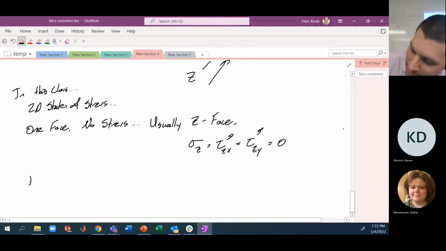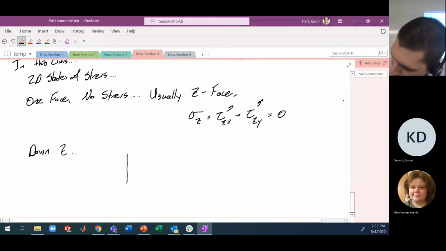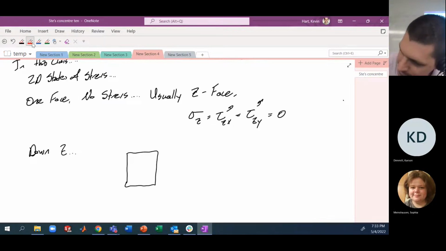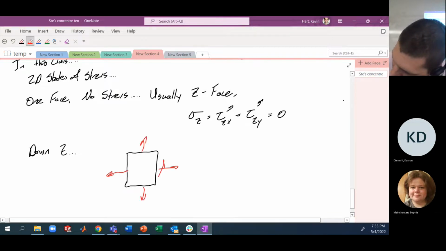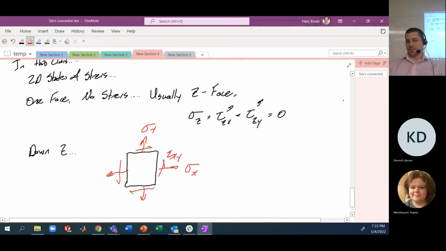So looking down z, you just have this general state where you can only see the normal stress on the x face, looking at it from the side, normal stress on the y face, looking from the side, and the shear stress on this xy face or yx face, however you want to think about it.